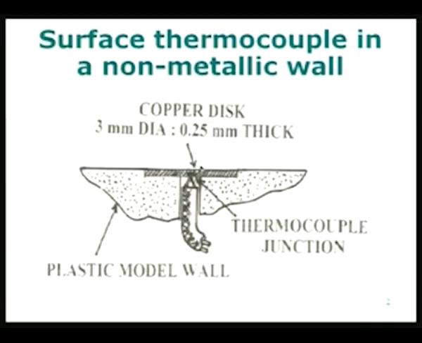A second point with respect to this copper disc is, suppose we have a fluid flowing over the surface on the top here. It will move past the copper disc and be in good contact with it, and because the copper disc is a very good conductor, if there is a sizable temperature difference between the fluid and the surface, effective heat transfer can take place.